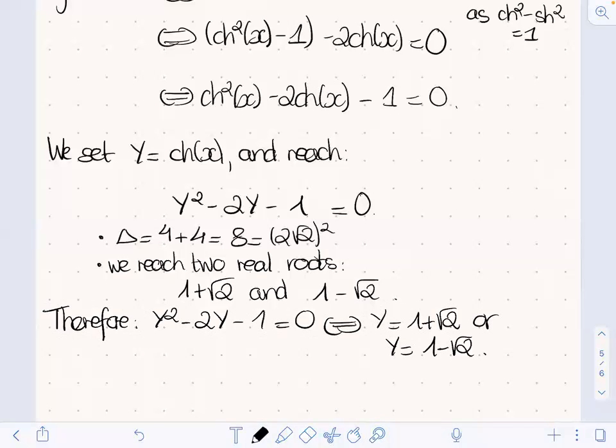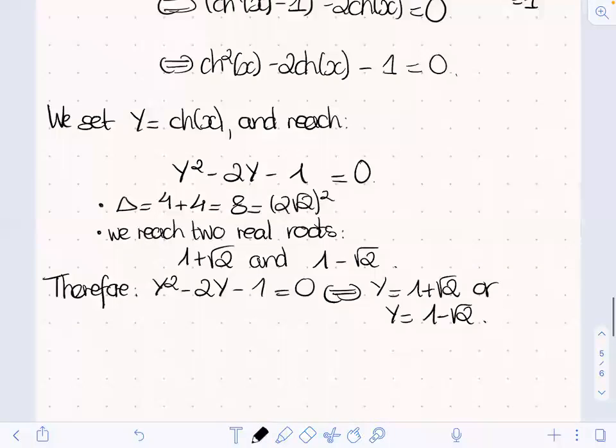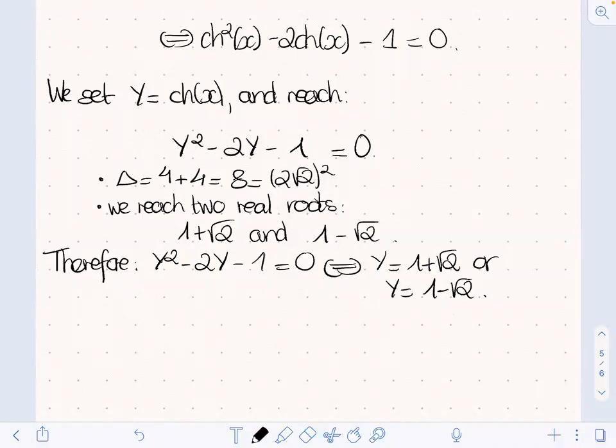We now want to put back the hyperbolic cosine and find values for x. One important property that we proved for the hyperbolic cosine relates to the values that a hyperbolic cosine can take. I don't know if you remember. Hyperbolic cosine is greater than 1. Exactly. For any x in R, CH of x is greater than 1.